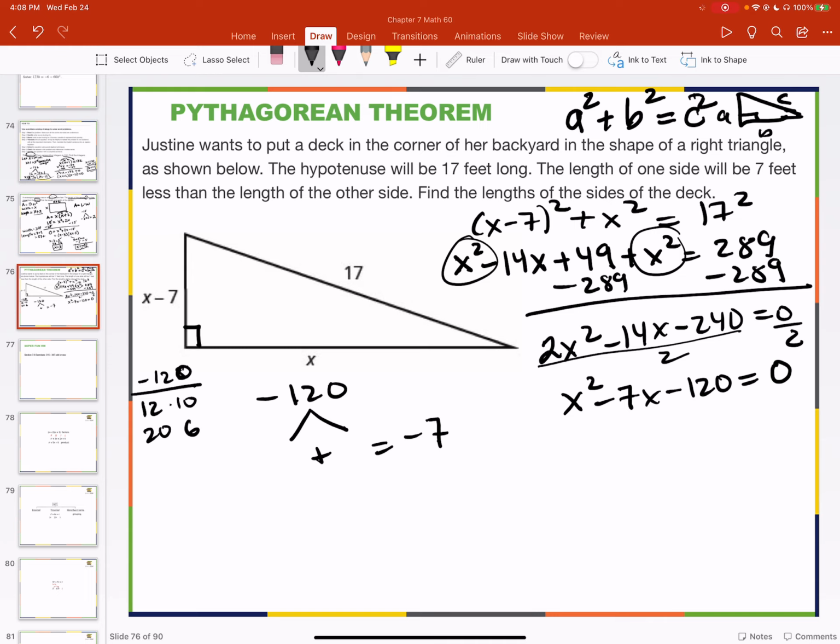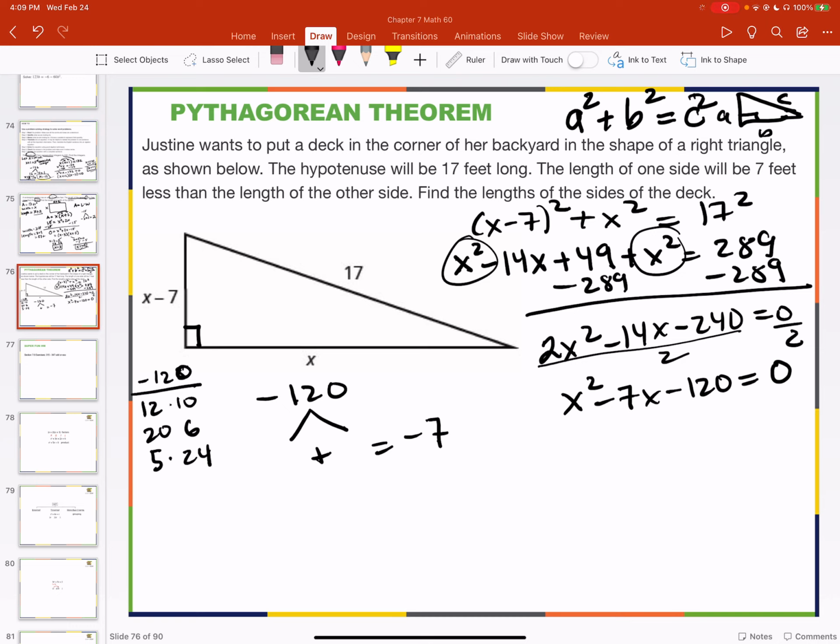Let's see, 24 and 5, no. We have 20 and 6.